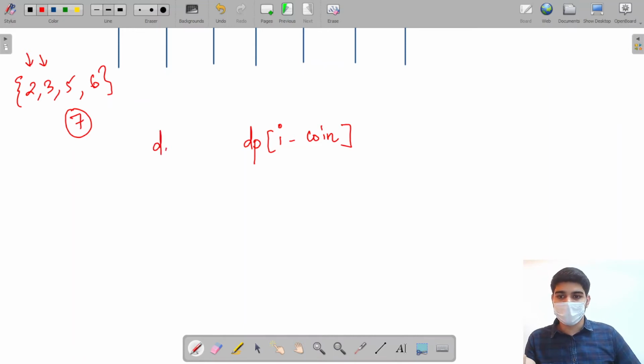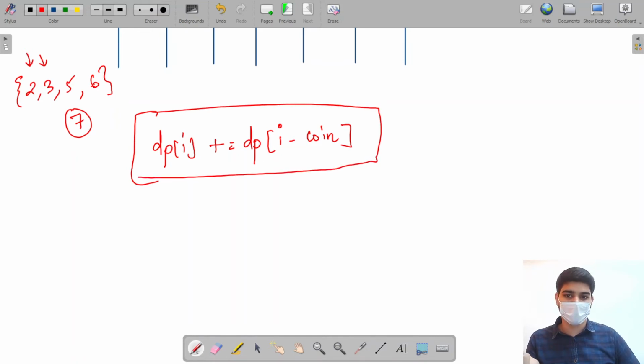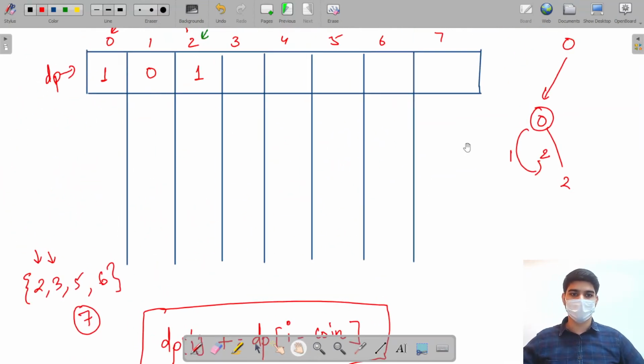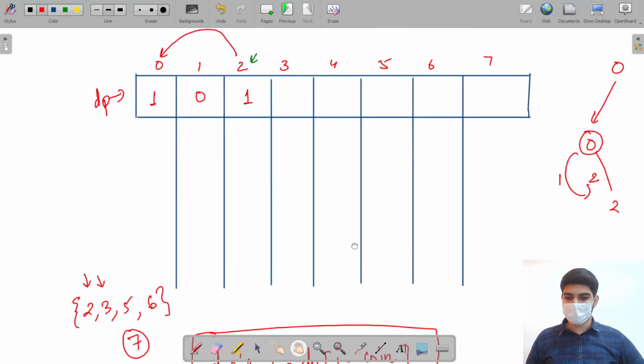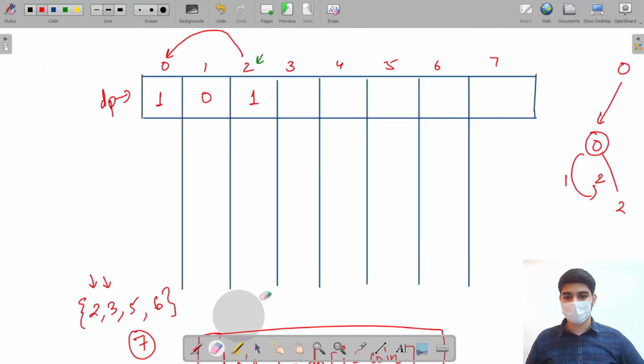And what I did at the end was add that up. So this is the formula that I'm working with, right? At the current point, I am getting all the permutations that I got from the intermediate, which was 0 in this case. Okay, let's move forward and it would be much more clear in that.